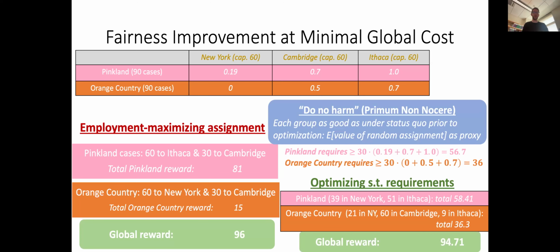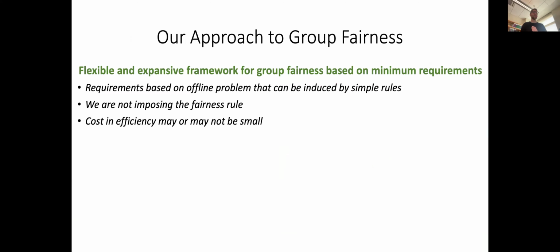Again, as I mentioned before, our goal here is not to prescribe a particular fairness criterion. Instead, we are trying to derive a framework where a policymaker gives us a group fairness criterion that is based on minimum requirements, meaning what is the average employment for each group that the group should achieve at least.